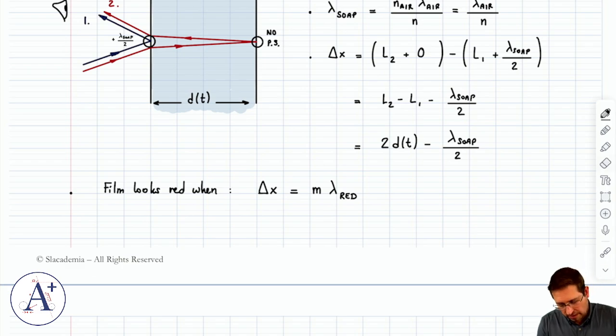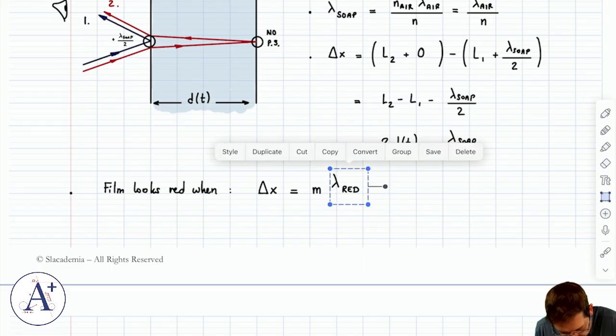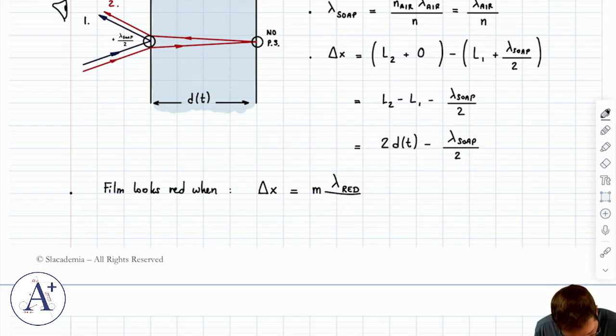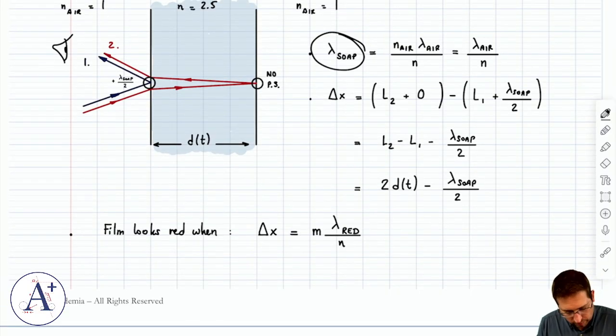It's not really lambda red. It's lambda red measured in SOAP. Again, all the wavelengths for thin film interference have to be measured within the film. So it's not lambda red. It's lambda red divided by n. Just like here, we said lambda SOAP is lambda air over n.